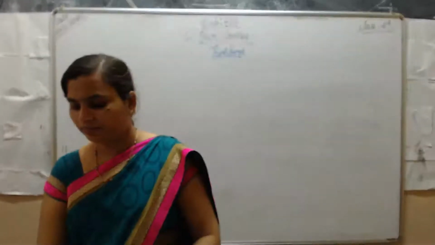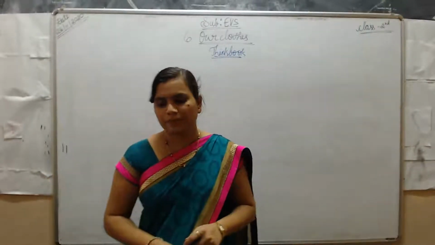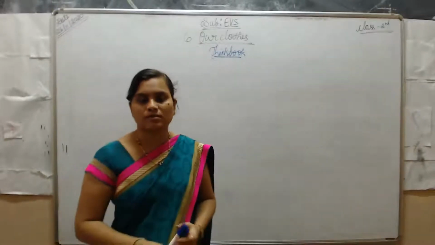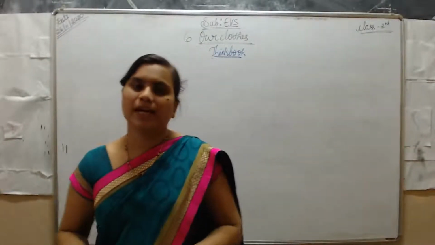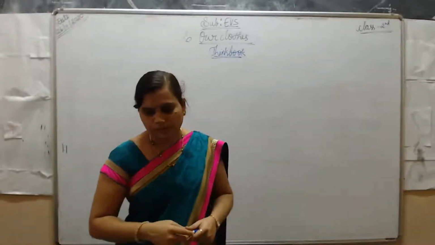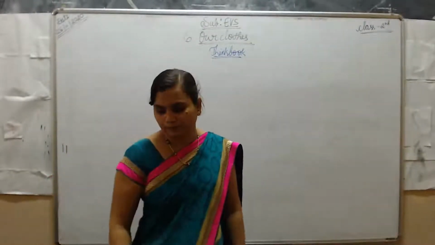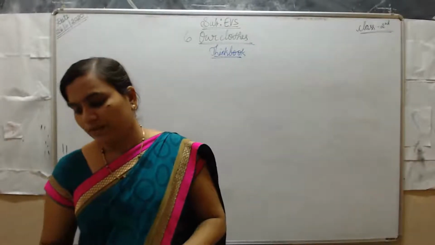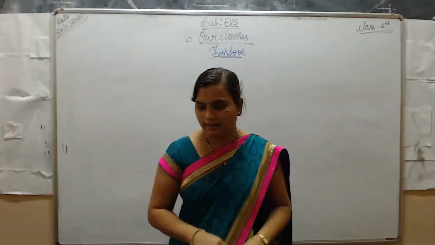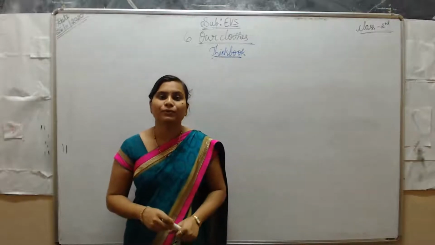Our clothes. In this chapter we learn about different types of cloths and their uses, how we get the raw materials to make the cloths and the sources of what our cloths are made from, and also the different types of cloths that we use for different seasons and occasions, and the different types of uniform.